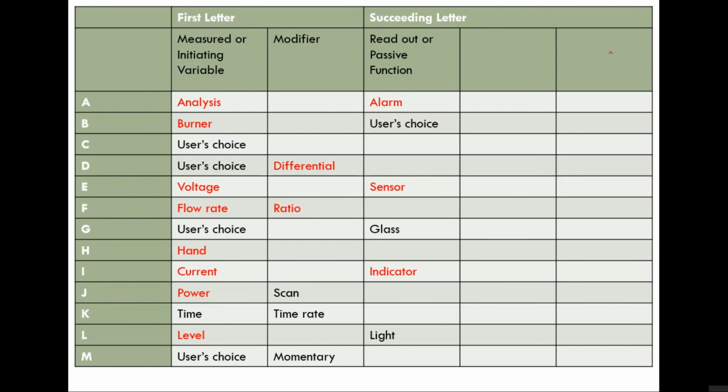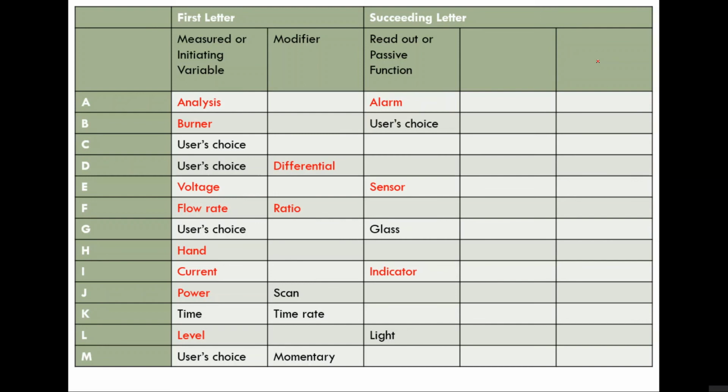Then what about the third one, the modifier? You can see a minimum of one succeeding letter. In some situations you can see two succeeding letters, and in some situations three. That is also a modifier. That is why I am saying you can see a minimum of 2 letters in a tag number and a maximum of 5 letters.